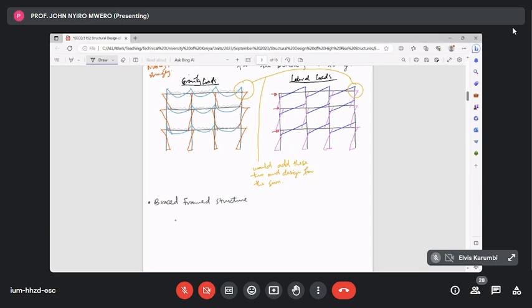This one, let me give a small definition here. A braced frame structure, or just a braced frame, is one that is provided with a lateral load-bearing element.